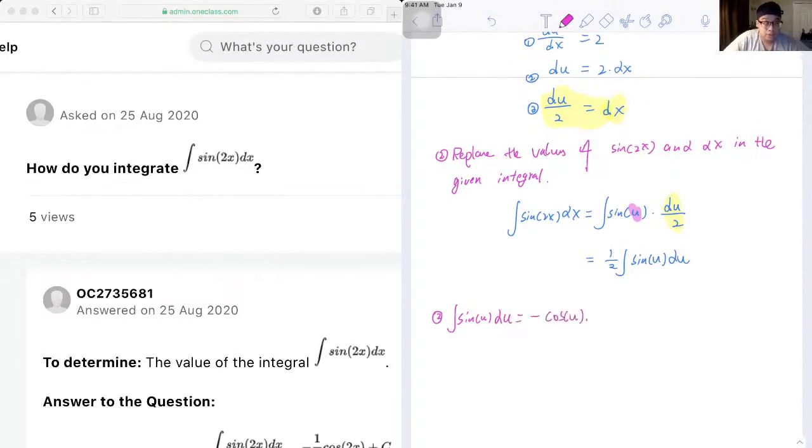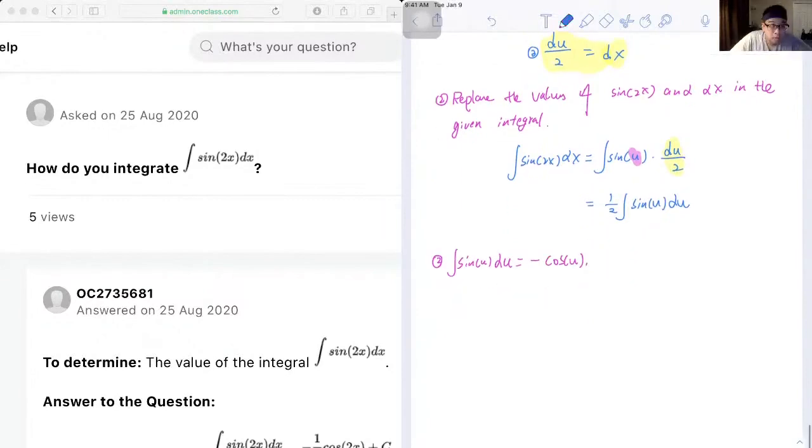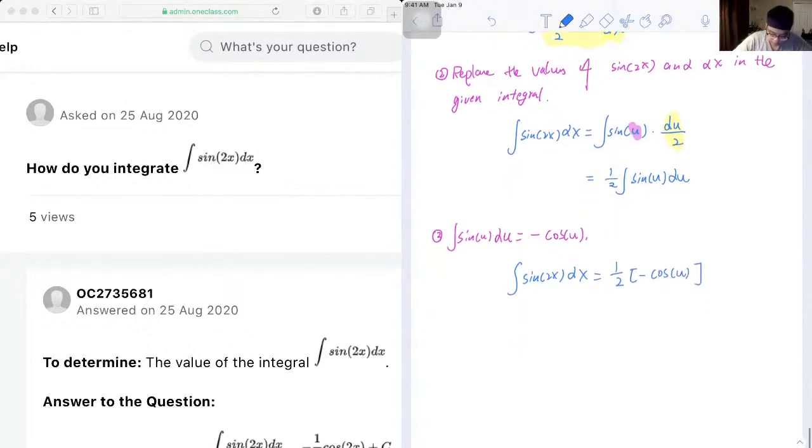So we can use this to simplify the equation, which will give us the integral of sine 2x dx is equal to 1 over 2 times negative cosine u. Okay, and now we need to sub u is equal to 2x back into the equation.